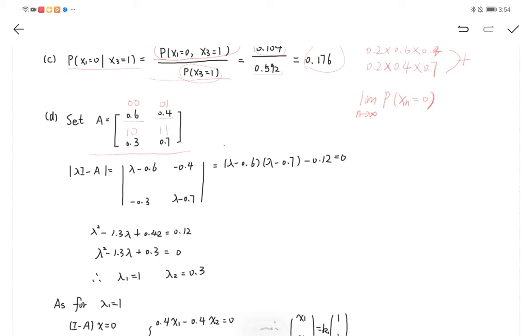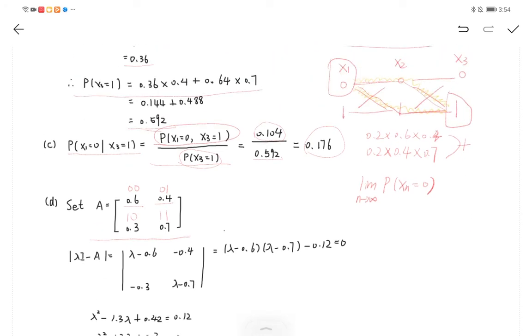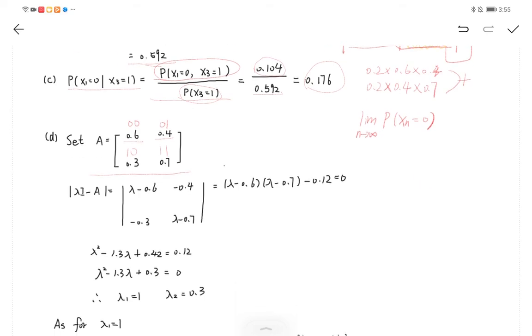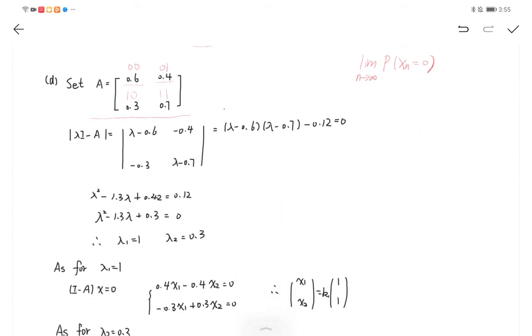So if we want to count the probability of a lot of noise channels, we could multiply this matrix.